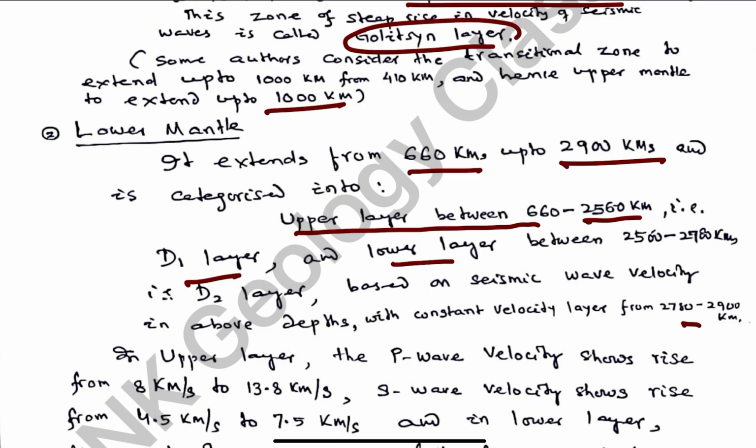It is followed by a lower layer between 2560 and 2780 kilometers depth, that is the D2 layer. It is the anomalous low velocity zone because of the origin of pockets of magma at this zone, or formation of mantle plumes.